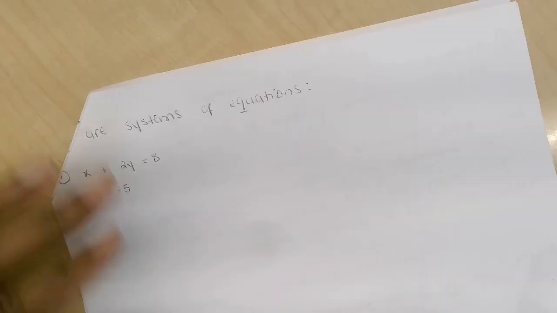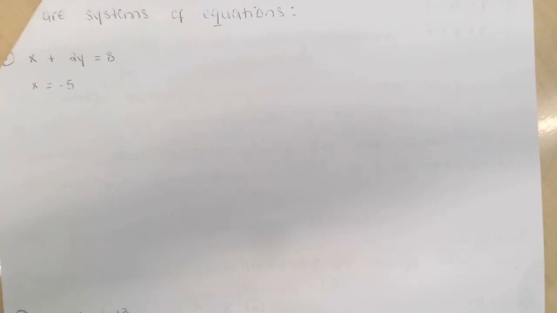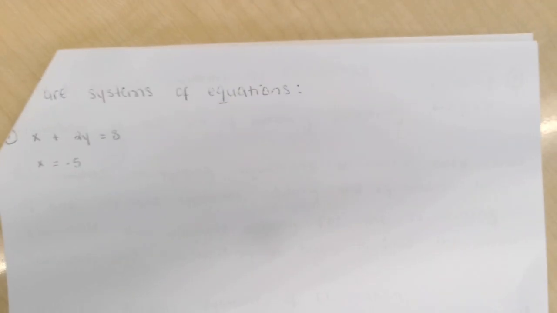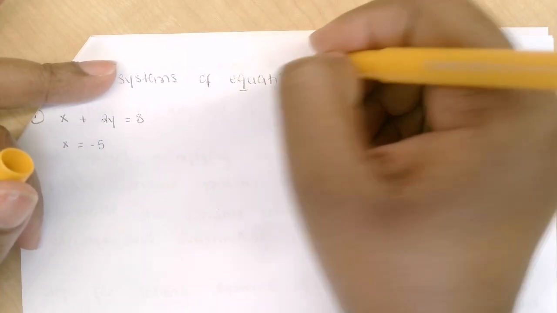Okay. So here are systems of equations. I don't think I went over this in the last video. But when you see system of equations, you're thinking of an equal sign.